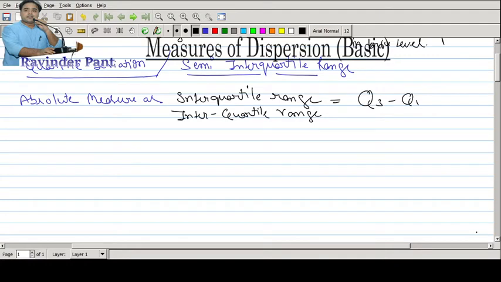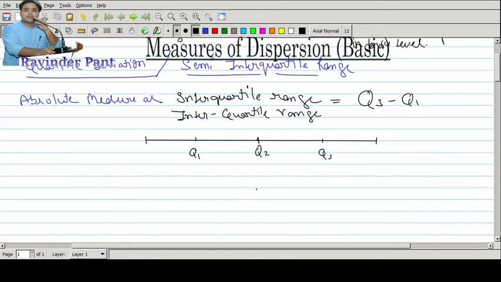So you will see that if this is a data set, this is your median in a symmetric distribution, this is your Q1, this is your third quartile.